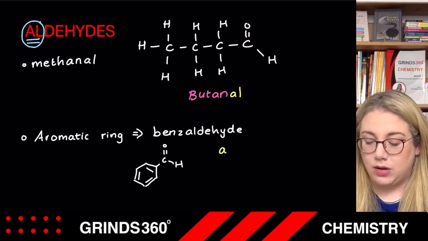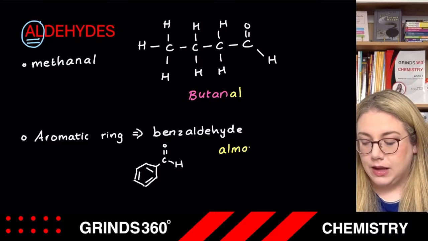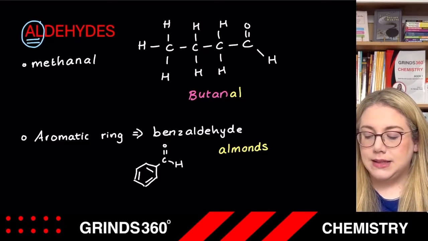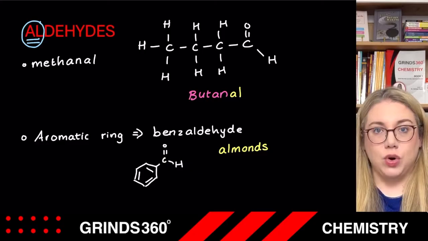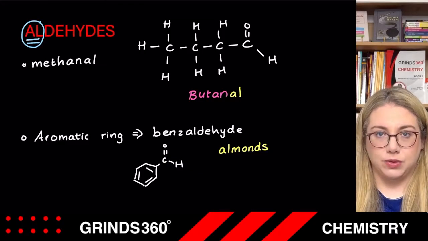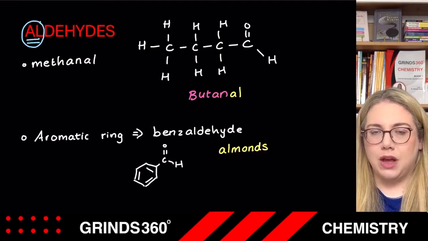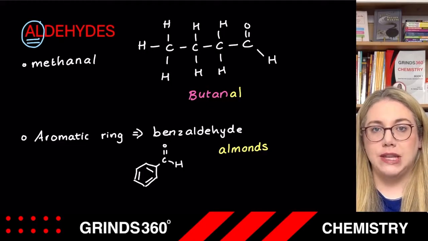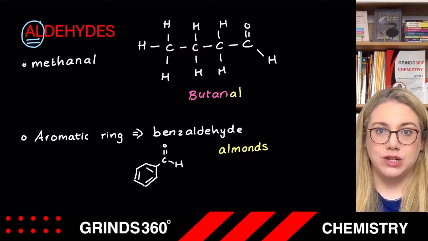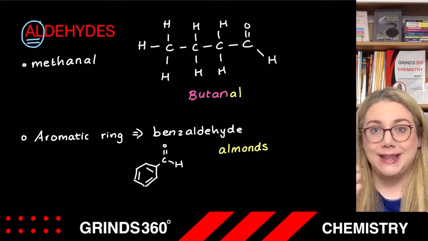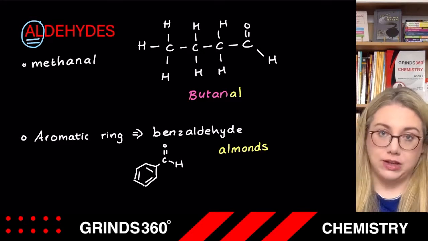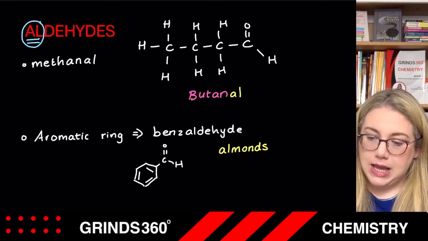It smells like almonds. Now, how that could be asked on the exam is, draw the structure of benzaldehyde, 3 marks. Or it could ask you, name the compound that is responsible for the almond smell in the formation of benzoic acid. So it's benzaldehyde. And then you should be able to draw it as well.